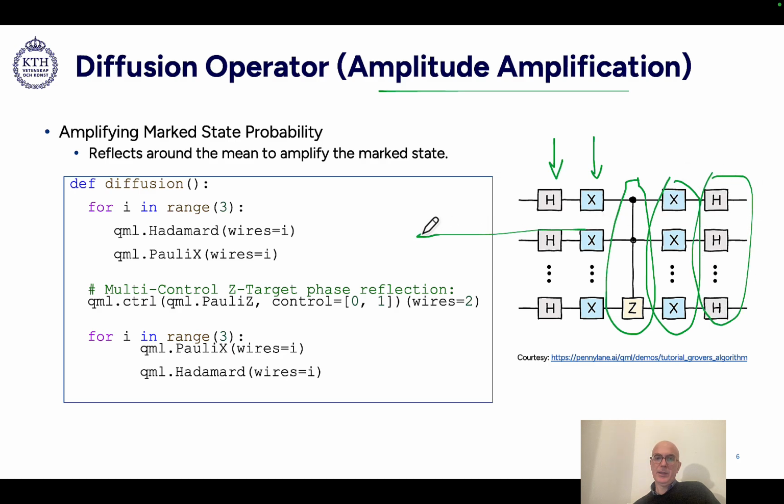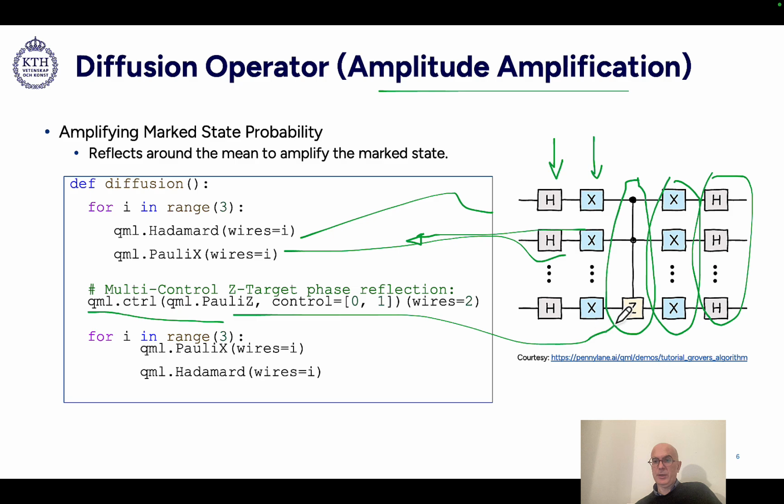This can be translated into the following quantum circuit definition. This is our function, first having Hadamard and then NOT gates, and then we implement the controlled Z operation in this way. This is only 3 qubits, so we have the control qubits on 0 and 1, and at the end we apply again the NOT gate and the Hadamard gate.